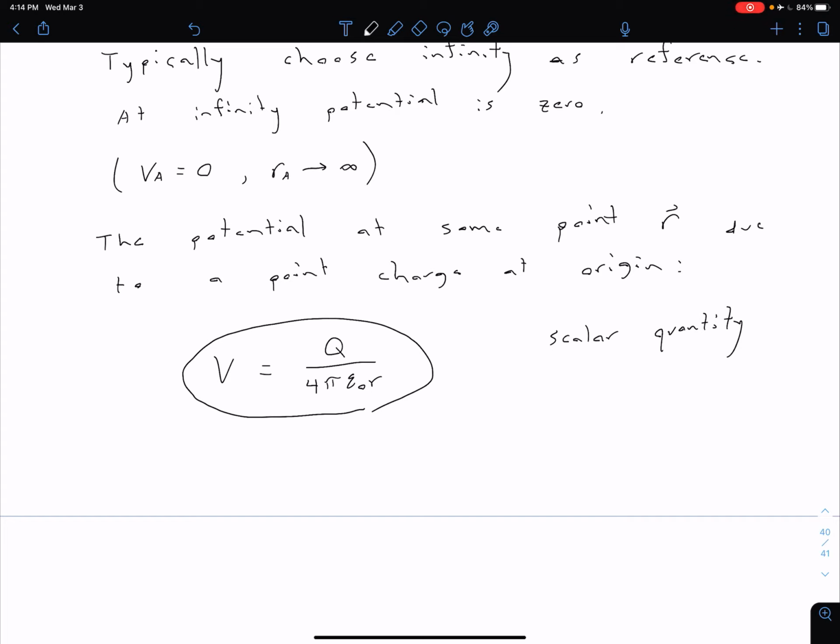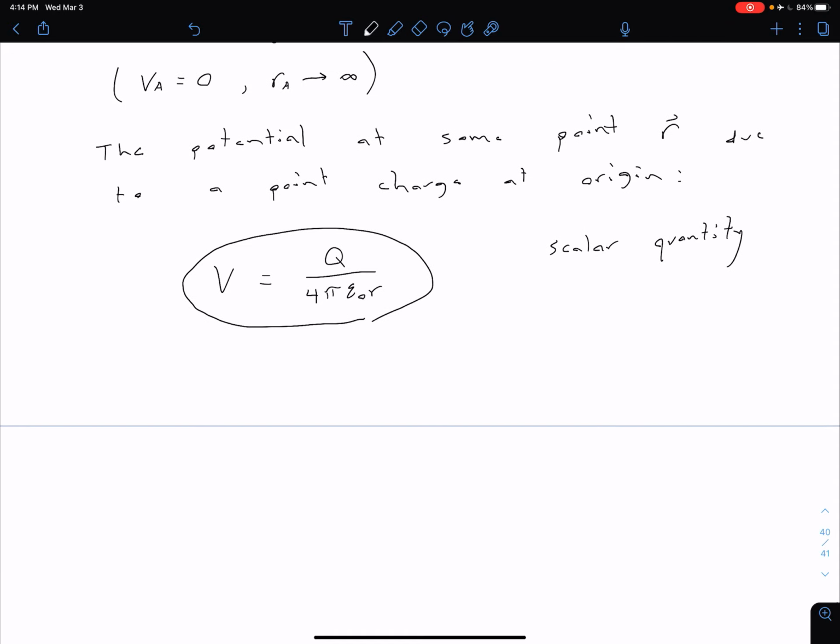And we can also talk about this definition of the potential at a point a little more generally. We can say this potential is equal to the work done per unit charge to bring a test charge from infinity to the point where we're evaluating the potential, so our R position vector in this case.